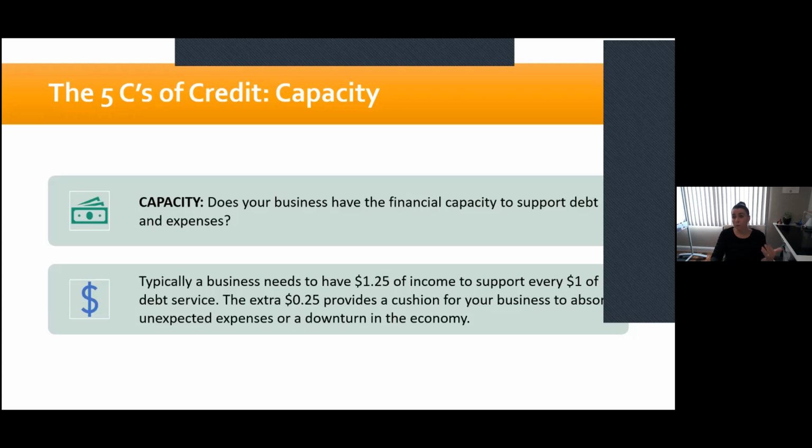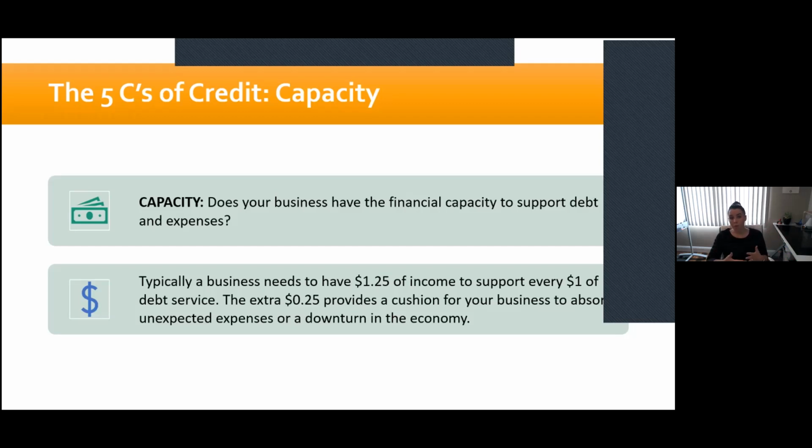They want to see 1.5 or 1.75, so that for every dollar you spend, you've brought in $1.50 or $1.75. That cushion exists so that if your sales go down or you have expenses you weren't anticipating, you've got that cushion, especially if there's a downturn in the economy.